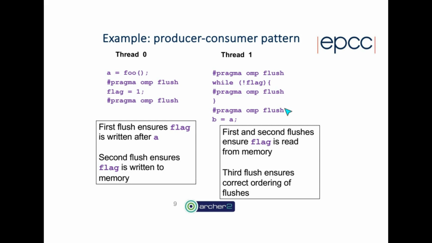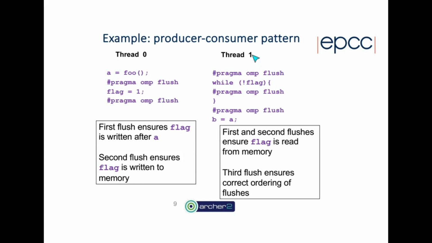Otherwise, what could potentially happen is that thread 0 gets as far as setting flag equal to 1, and the write has actually happened, but this flush hasn't executed yet.